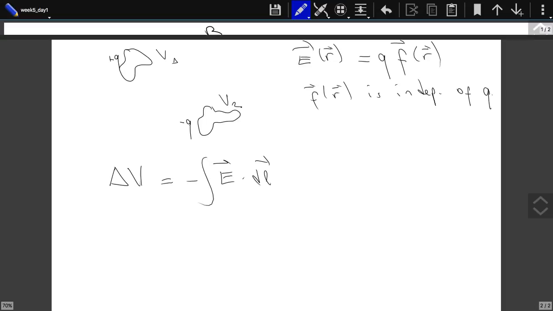The potential difference between V1 and V2, V1 minus V2, is just start from some point on V2, and go to some point on V1. This is our potential difference. This is equal to minus Q times the integral from R2 to R1 of F of R dot dl.